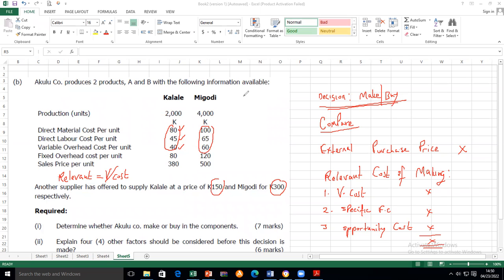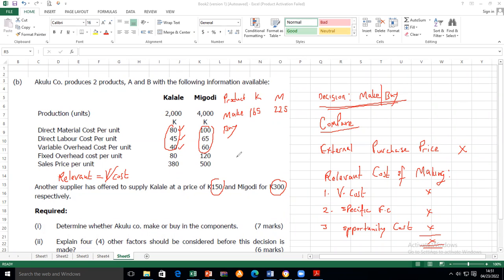What's the variable cost of making? 165. 165. What for M? What is it? 225.